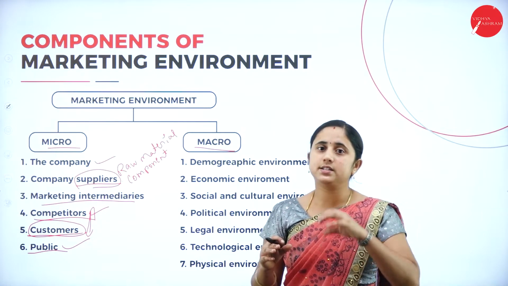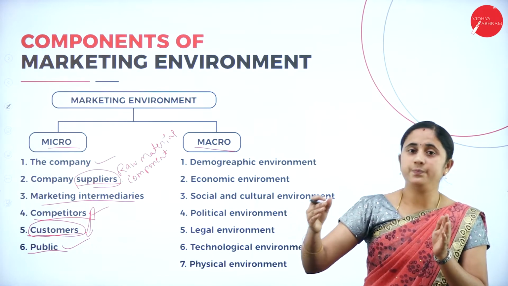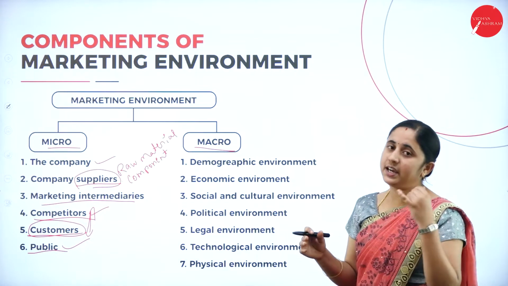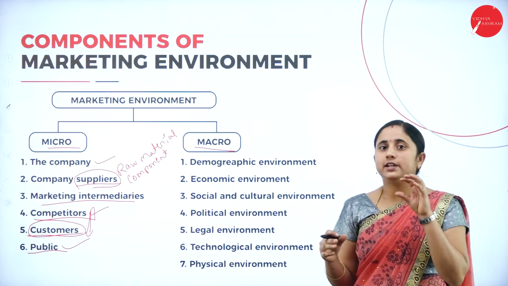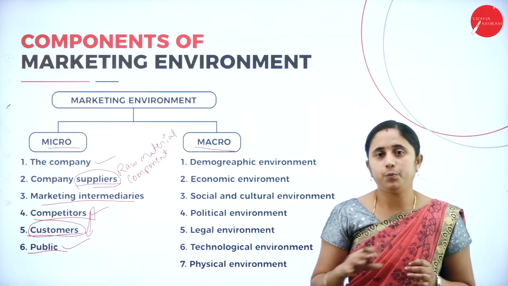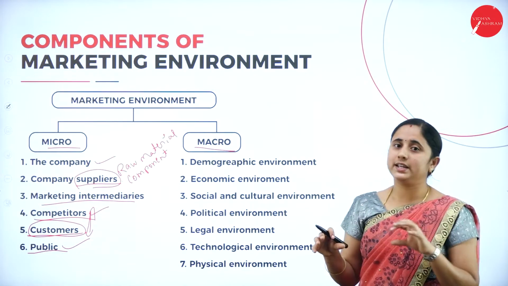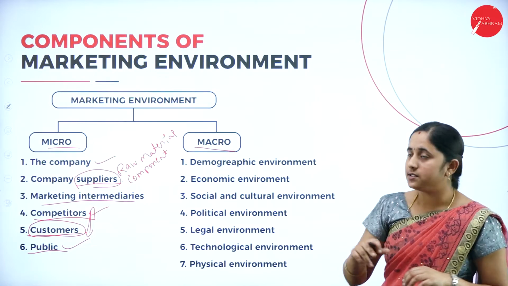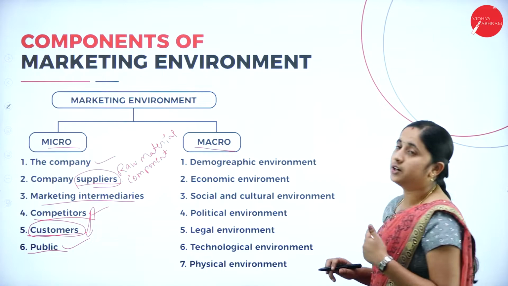If your product is related to children, you will consider the age group between 1 and 10 years or 5 years. So, depending on your product, you study the population and gender ratio as well as the particular age group and several factors. You study the whole population and the population in a particular place. For example, if you are running a small business, you will consider the population in your surrounding places. So, depending on your product, you study demographic features.